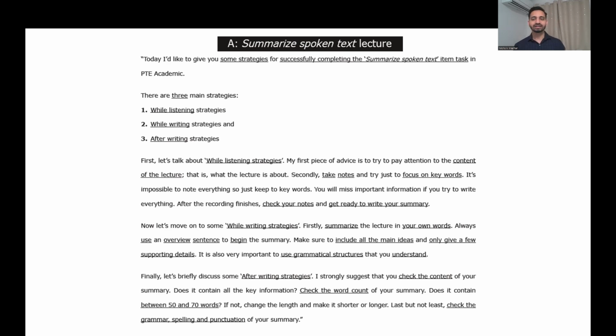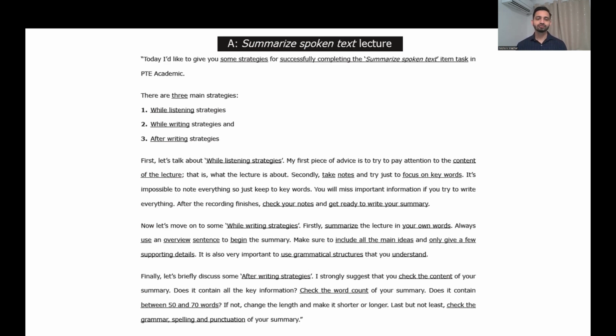That is what the lecture is about. Secondly, take notes and try just to focus on key words. It's impossible to note everything, so just keep the keywords. You will miss important information if you try to write everything. After recording finishes, check your notes and get ready to write your summary.